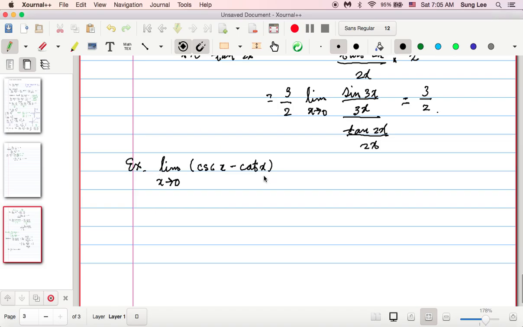Okay, right. So cosecant is 1 over sine, so when x goes to 0, that goes to infinity. Cotangent of x is cosine x over sine x, and so when x goes to 0, that goes to infinity also. So this limit is of infinity minus infinity type. Okay?